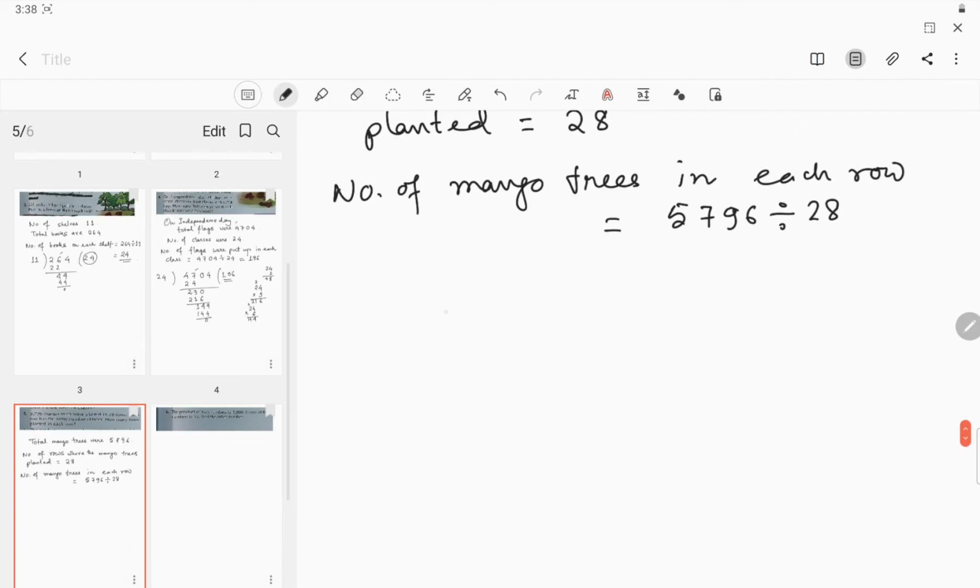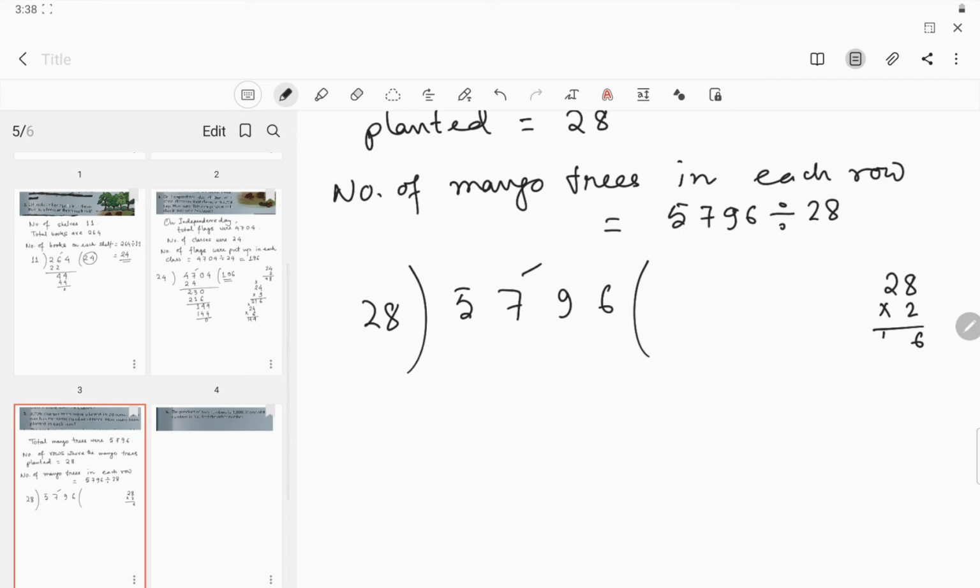So now let's do our division. You have to choose 57 as a dividend, and 28 2s are 56. So write 2 in the quotient, and if you subtract, you will get 1.